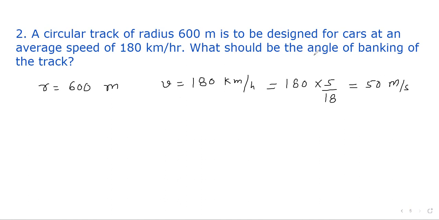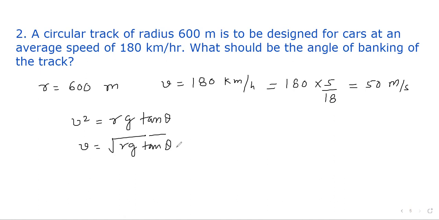Now, the question is, what should be the angle of banking of the track? The necessary condition is v square equal to r g tan theta, or v equal to root r g tan theta.